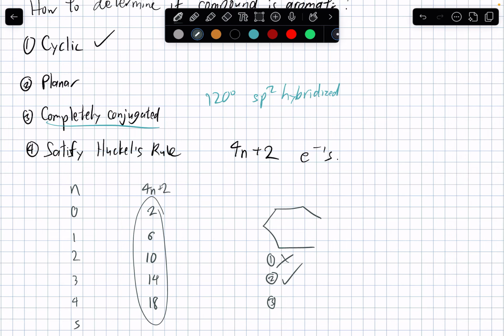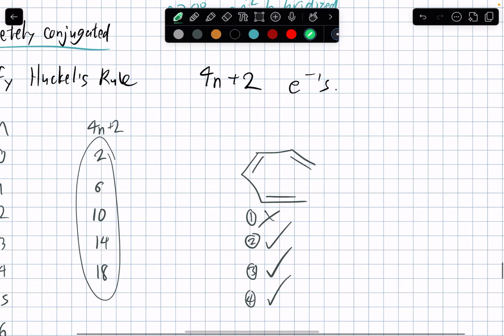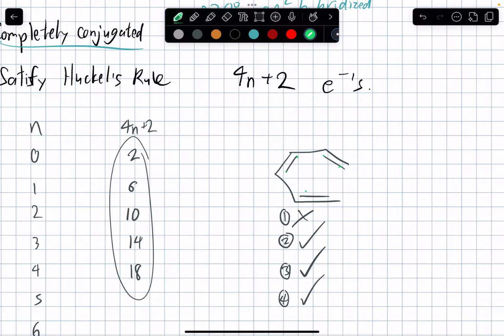Sorry. There's supposed to be double bonds. This is meant to be completely conjugated. And it does satisfy Huckel's rule, since if we count the number of electrons, there are 6 electrons.